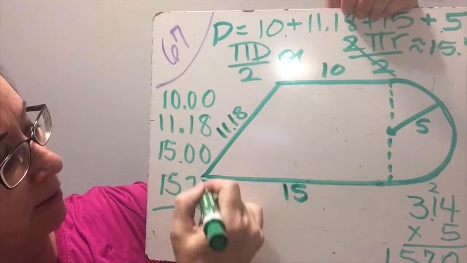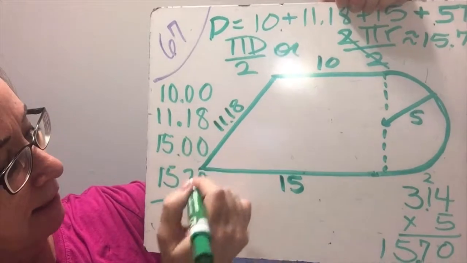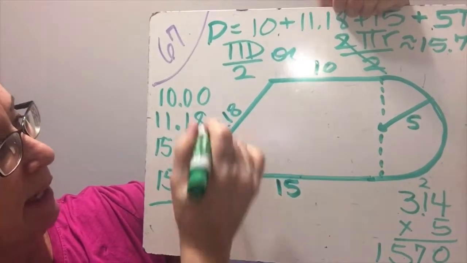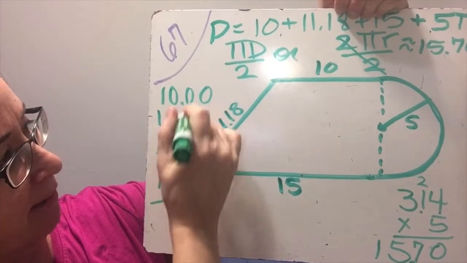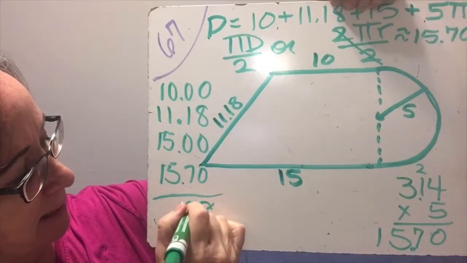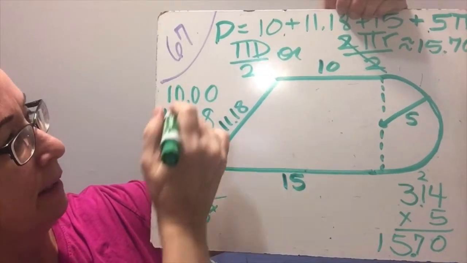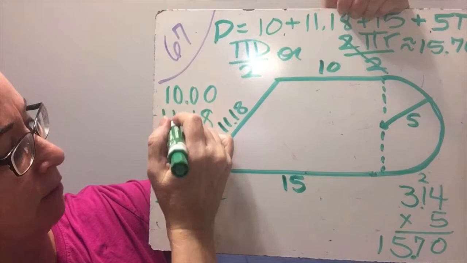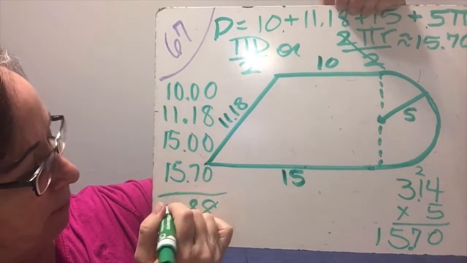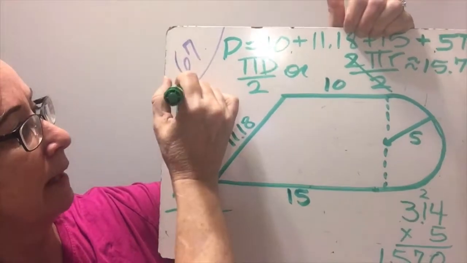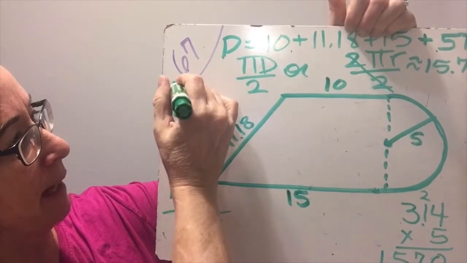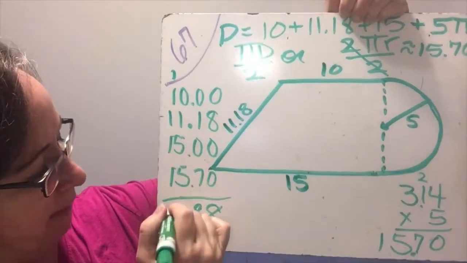So in the hundredths place, I have an 8, and that's it. In the tenths place, I have 1 plus 7 is 8, and a decimal. And then in the ones place, I have 0, 1, 5, 5, so that would be 11. And then in the tens place, 1, 2, 3, 4, 5.